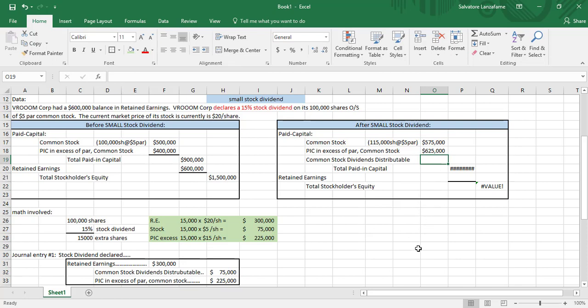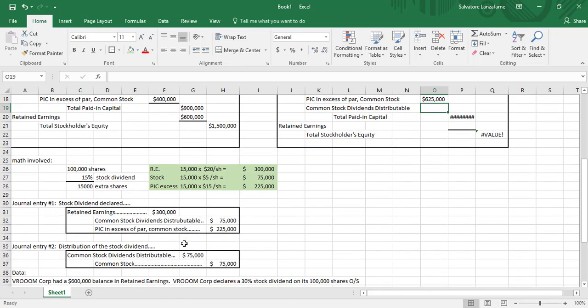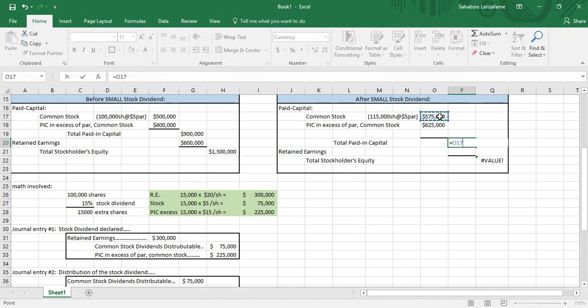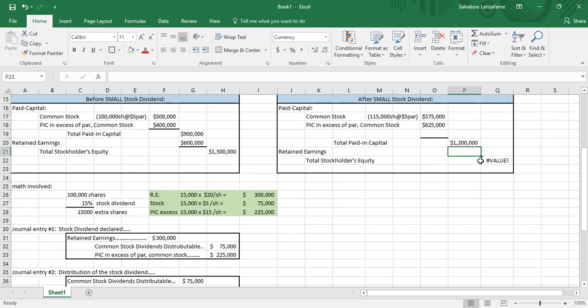The stock dividends distributable, if I had done this immediately after journal entry number 1, then I would have a number here. But since the common stock dividend distributable canceled each other out, I don't need to put that in there. So we can leave that one out of there. All right, so in the meantime, your total paid-in capital, we add these two numbers together. That's going to be 1,200,000.